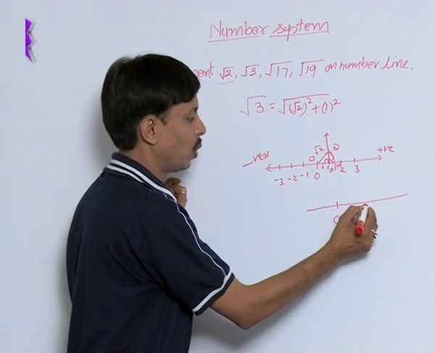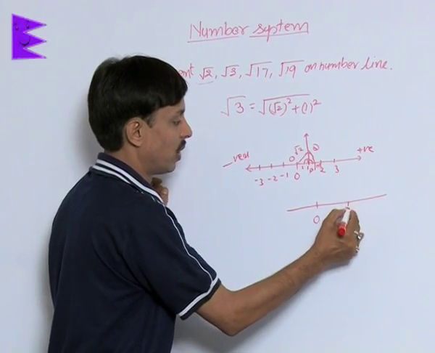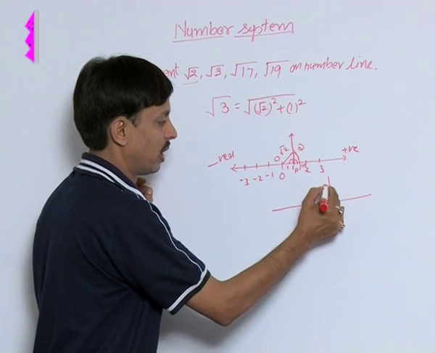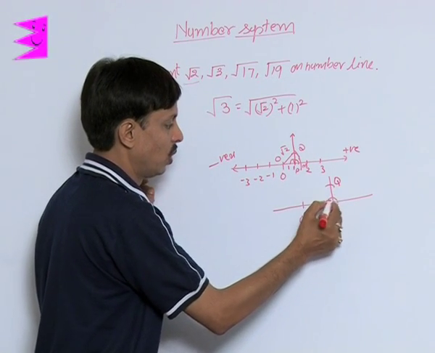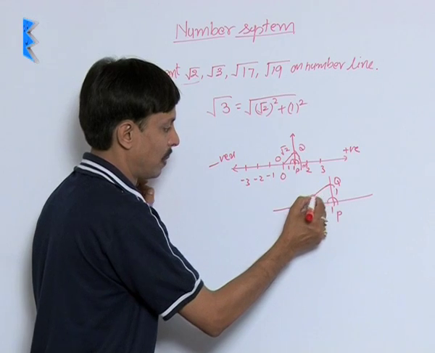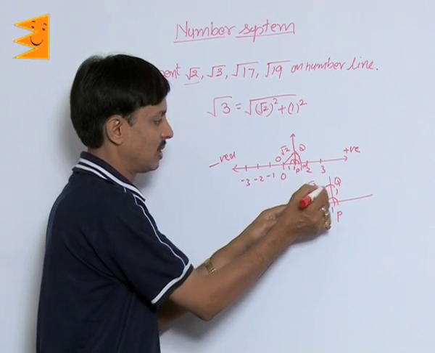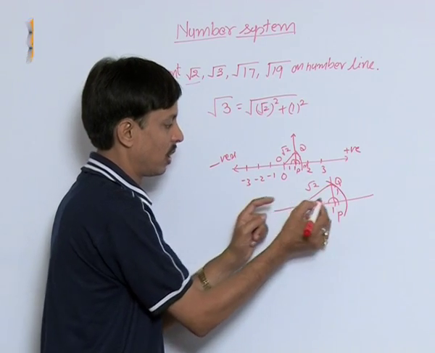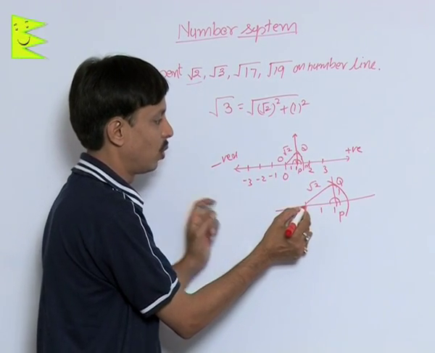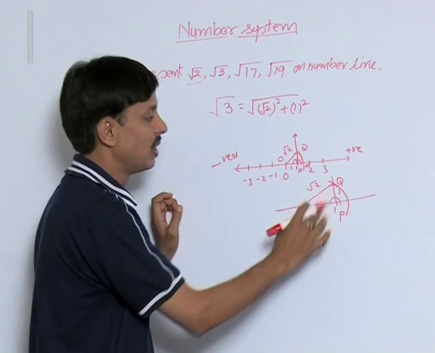Suppose this is O, this is P, 1 unit, then perpendicular, then 1 unit, Q. This is 1, this is 1. So the Pythagoras theorem says this is root 2. With the help of pencil and compass, we draw an arc by taking O as center and OQ as the radius.